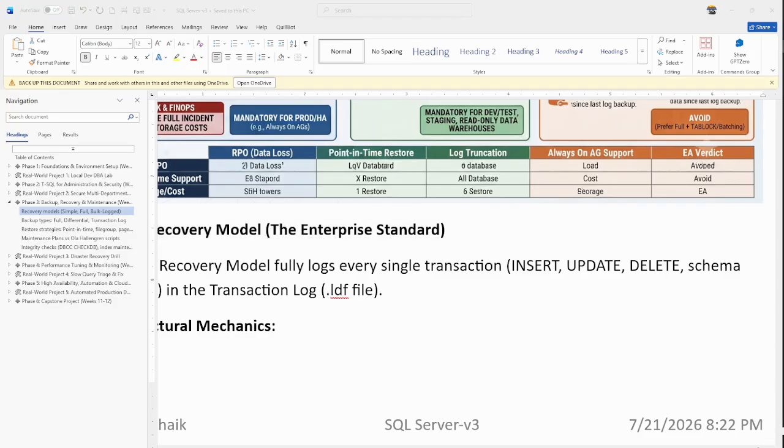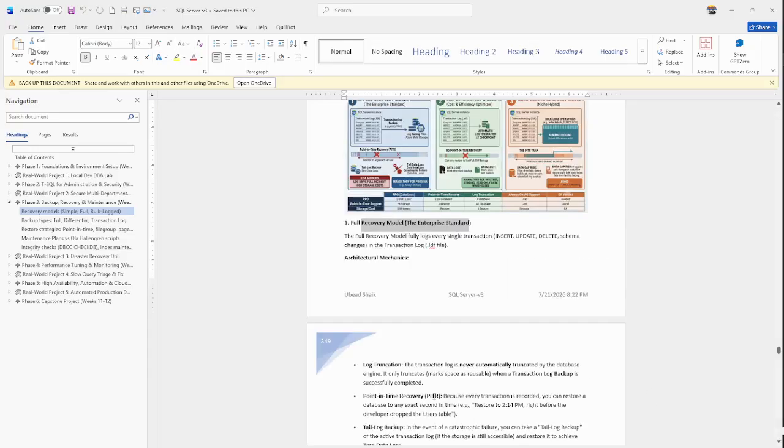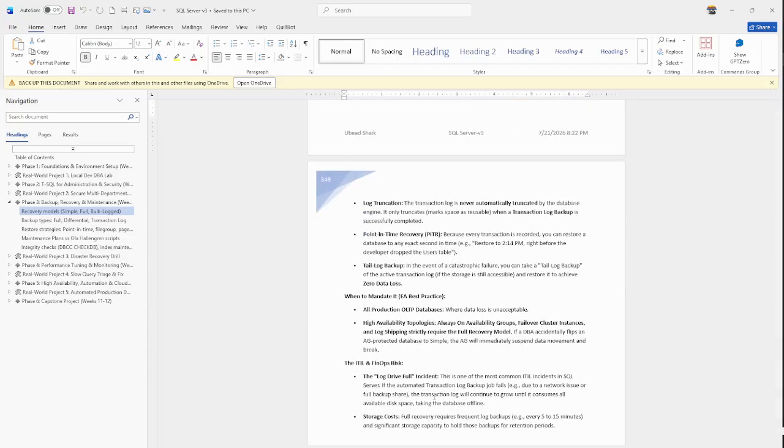Then we'll go with full backup here. Have you taken any backup on your computer using a VSS backup tool? No? Okay.